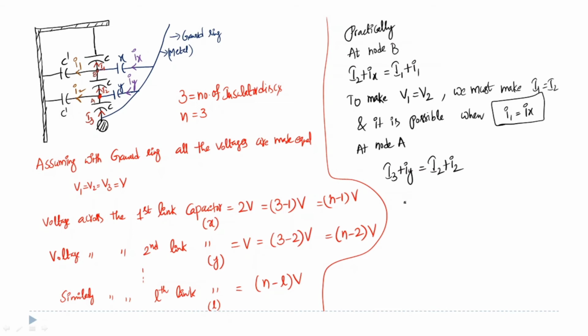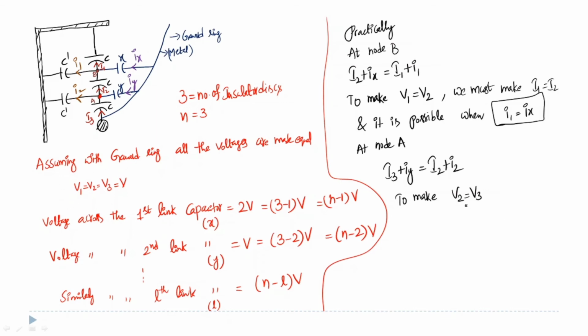Now again, to make these two voltages the same, I want the voltage across the second insulator disc and the voltage across the third insulator disc to be equal, V2 equal to V3. This is my assumption earlier at the start of our analysis.